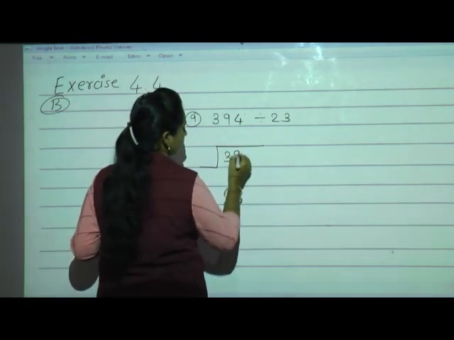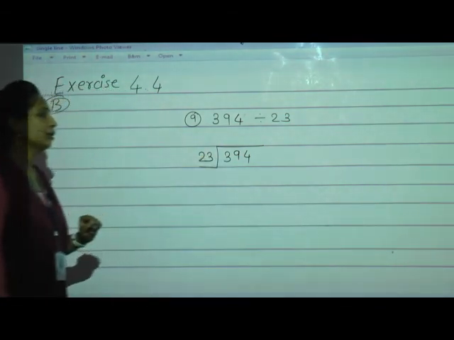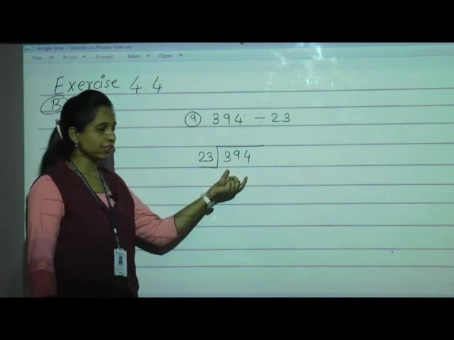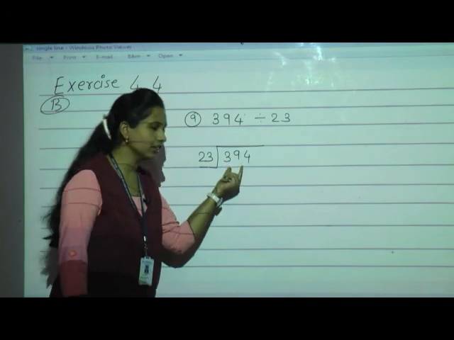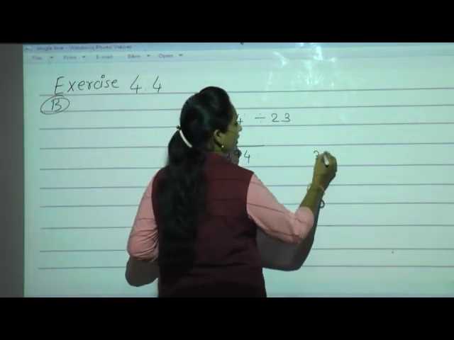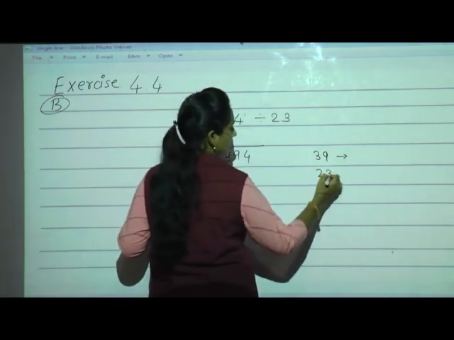Dividend on the right side, divisor on the left side. Now 23. A 2 digit number we have to divide into a 3 digit number. Whenever we are doing this, go with the 2 digit. Now 39. Roughly we will find the estimate number of 2 digit 39 and the divisor 23.